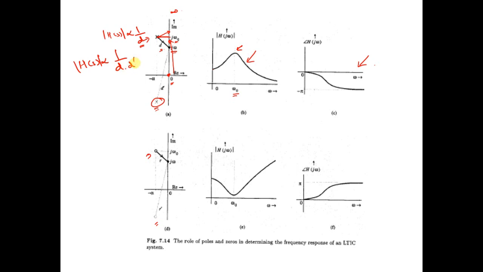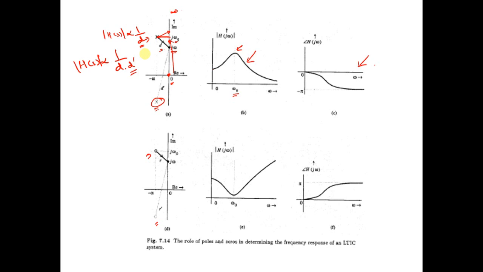In the majority of cases, this D dash value will be much higher, and if the D dash value is much higher, the effect on 1 by D is negligible.